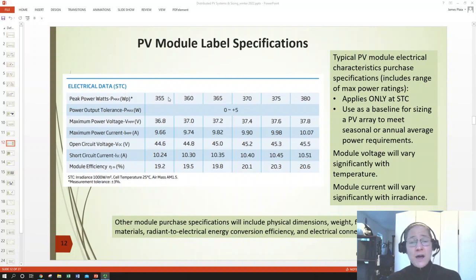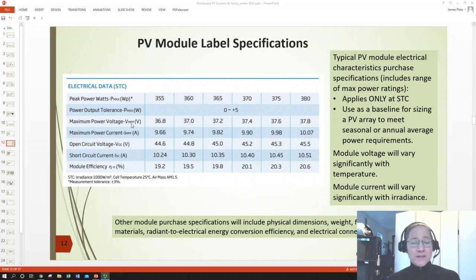And so you can buy various power ratings for this particular module type. And power output tolerance is a measure of how much each one of these will vary under different operating conditions. This is important for sizing your inverter and the type of efficiency you think you will end up getting.